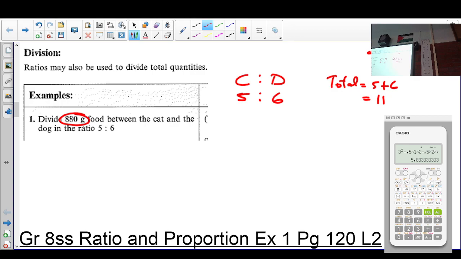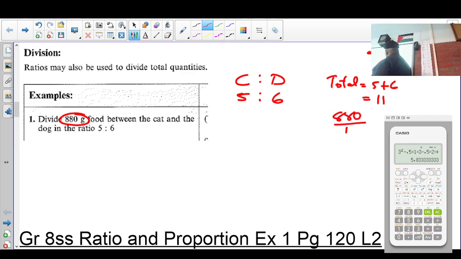The dog has 6 of the 11. So the second step is we take the total, whatever needs to be divided, and divide it by the total units. In other words, it's 880 divided by 11.